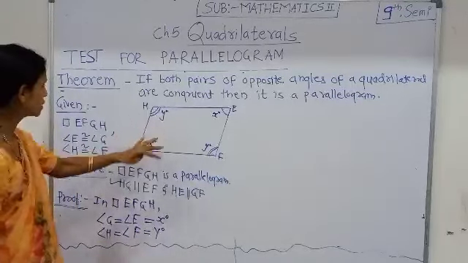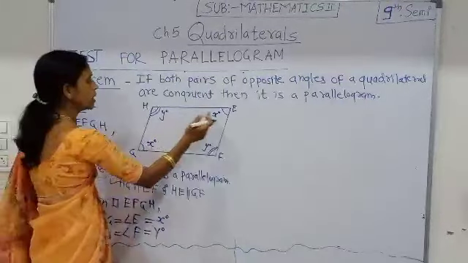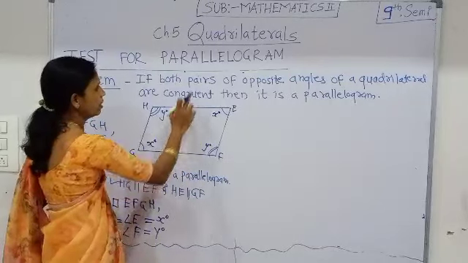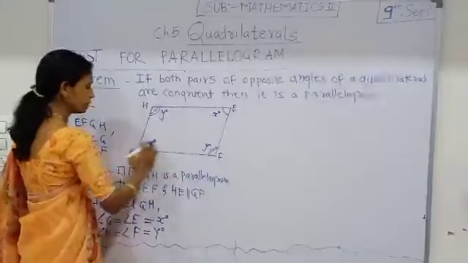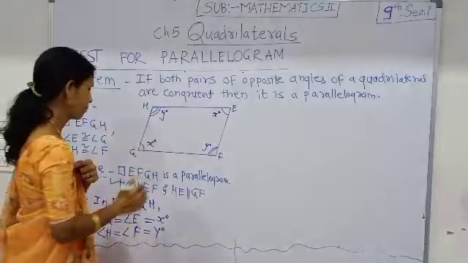See here the property which is given, that opposite angles of this quadrilateral are congruent. Then we have to prove that this quadrilateral is a parallelogram.